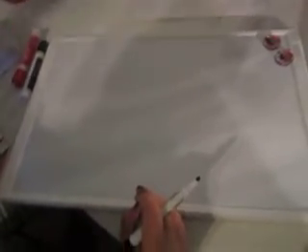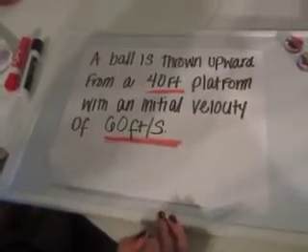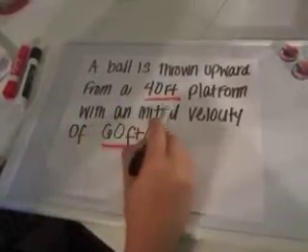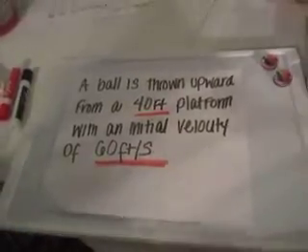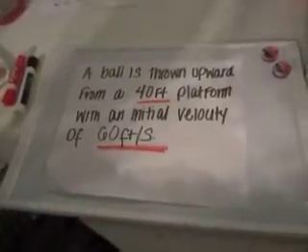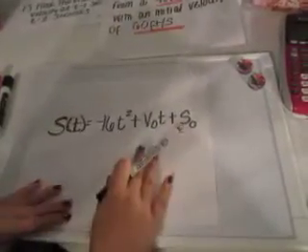And just to make sure, we'll do another problem. Okay, so the next problem will be a ball is thrown upward from a 40 feet platform with an initial velocity of 60 feet per second. So we already know what the original function is that they give us. We plug it in.